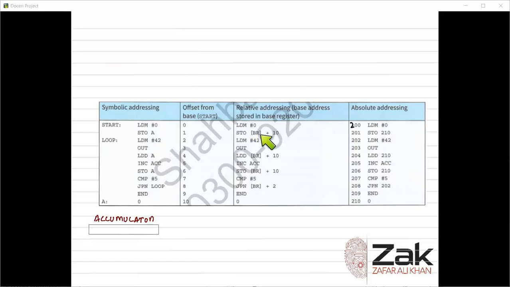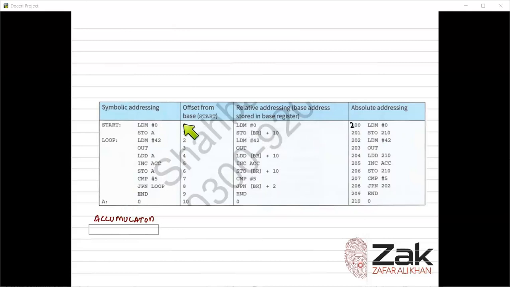Bracket means the value of base register. The value of base register is 200. 200 plus 10 will become 210. So 210 is this. So store at 210, store at base register plus 10, it is the same. Store at A, it is the same.